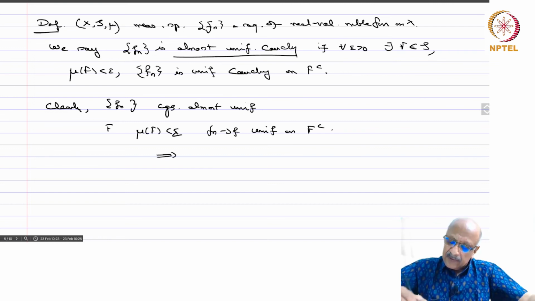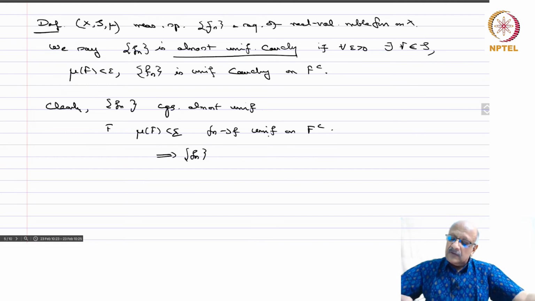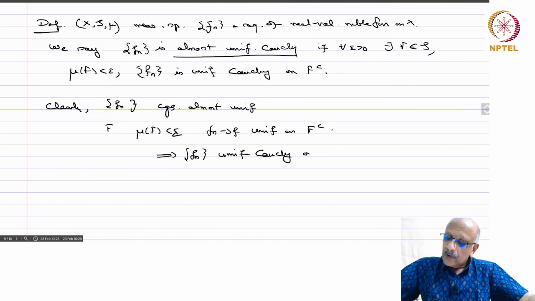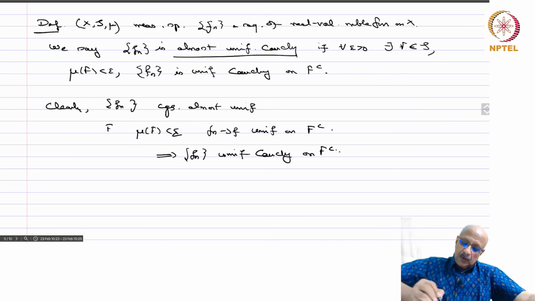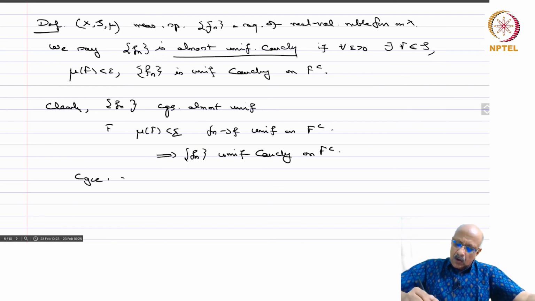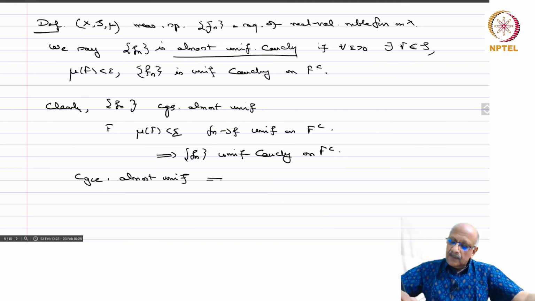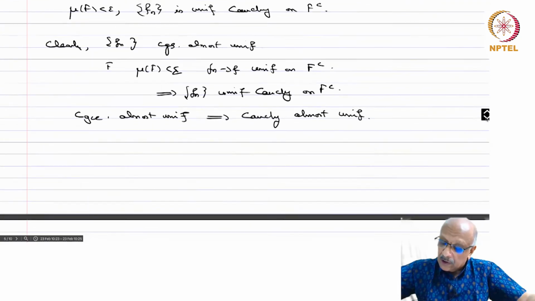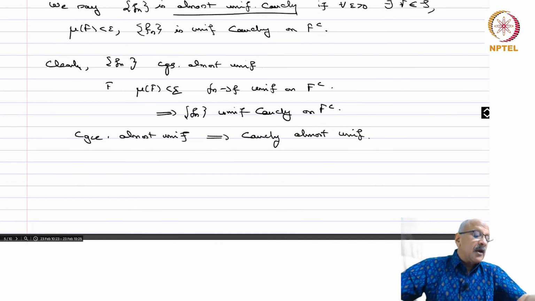Since it converges uniformly, it is uniformly Cauchy on F complement. So convergence almost uniformly implies almost uniformly Cauchy. So we want to know about the converse. Suppose you have a sequence which is Cauchy almost uniformly, is it going to be convergent almost uniformly?